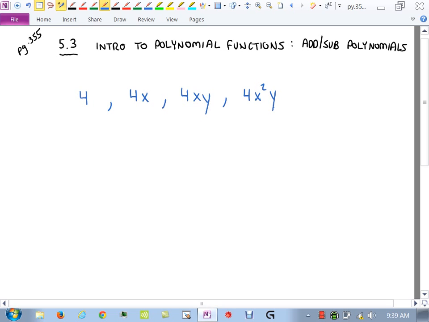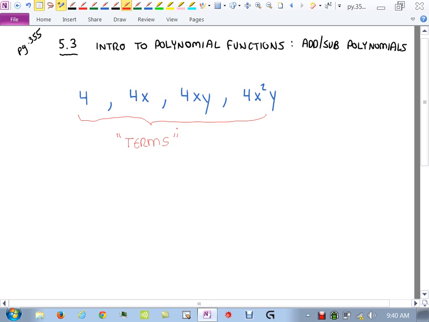But all of these things, all 4 of these, are referred to as "terms." Terms are basically expressions that have numbers and letters, but the operation between those is all multiplication.